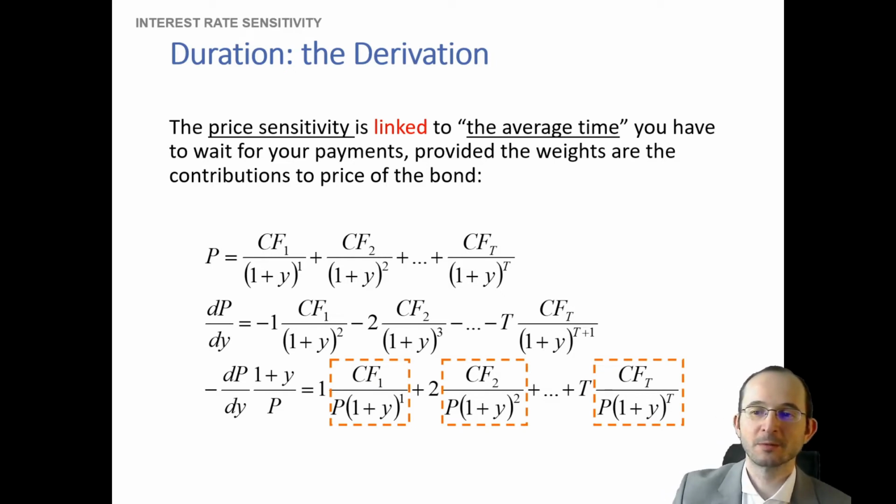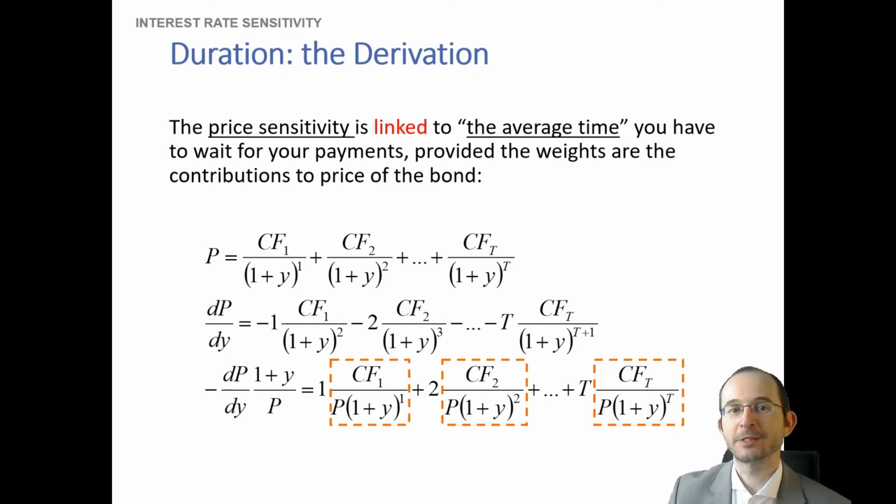In other words, what's the relative contribution of that period's cash flow to the overall value of the bond? So this is why we're saying that essentially duration is sort of like an average time that you have to wait for your payments, because we're literally taking the time to each payment and we're weighting it by the importance of that payment relative to the total.